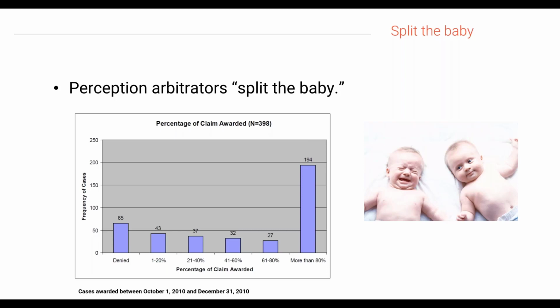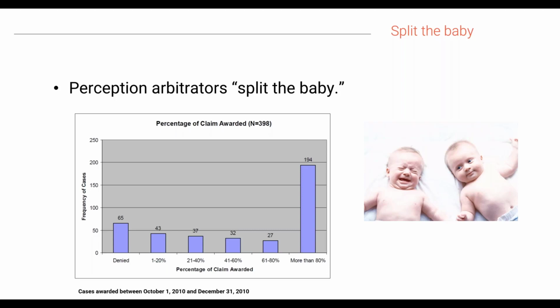Seriously, the perception of split the baby, I'm not exactly sure where that ever came from. It may have arisen out of the labor area, where the perception there is that one for the employer, one for the union. But on commercial construction arbitration, our experience has not been that the arbitrator split the baby.